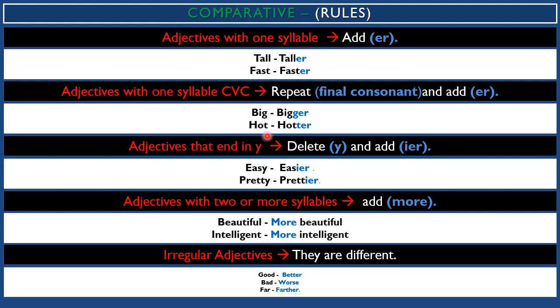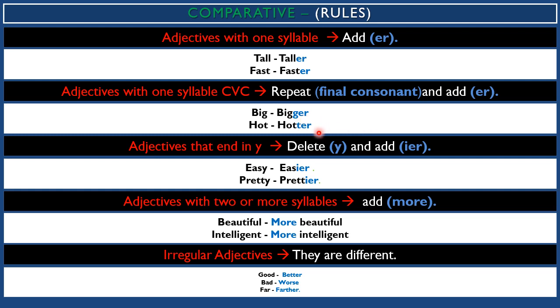If you check, we have CVC, consonant, vowel, consonant. So we repeat the final consonant, which is G here and T here, and we add ER. Big, bigger. Hot, hotter.